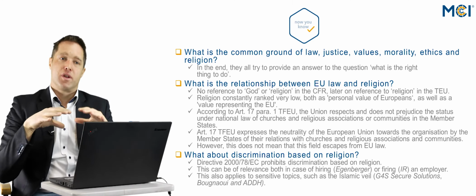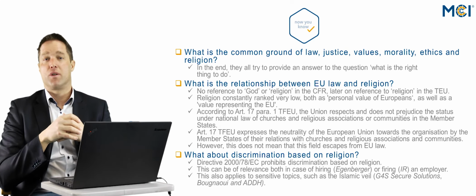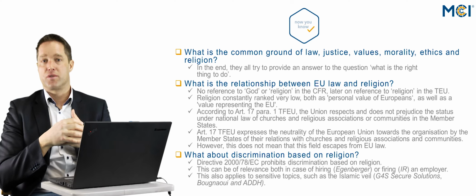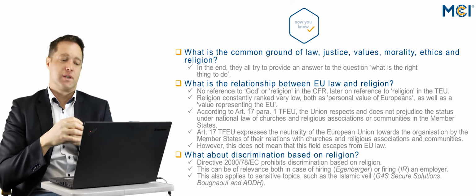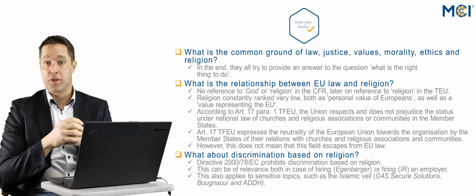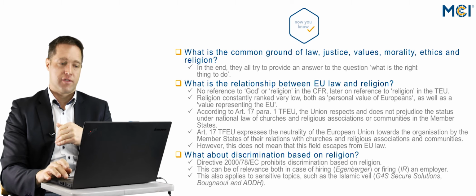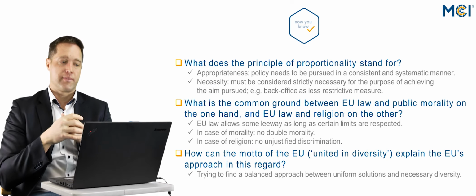So in other terms, religion does not escape from the general requirements of EU law, which again is non-discrimination together with the principle of proportionality. And we have seen the directive which prohibits discrimination based on religion, and those cases that have been mentioned on the slide.